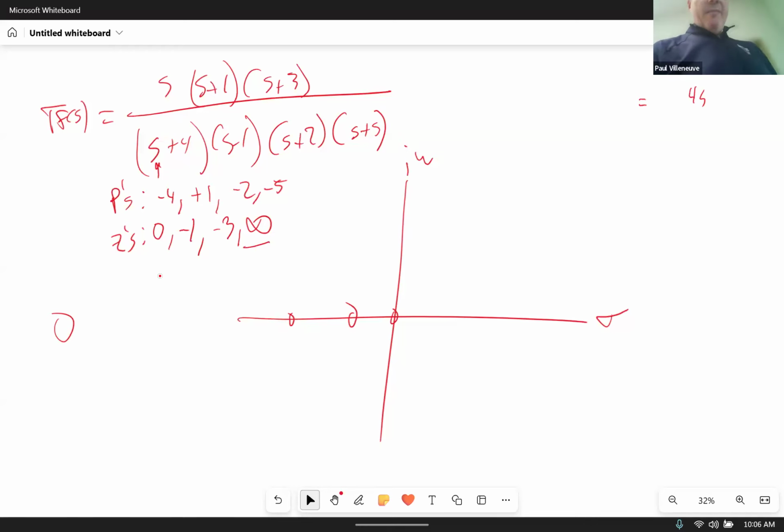The other ones we have at -4, -5, one at -2 and +1. That's the s equals infinity.